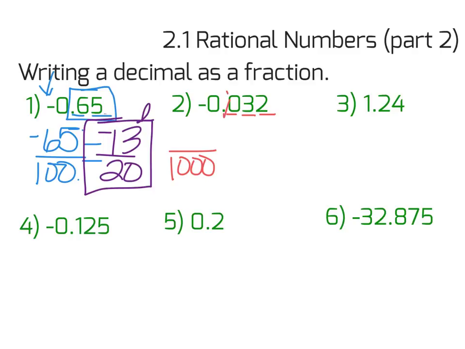The 0 technically doesn't count right now, but it would be a big deal if we took it out of the number and made it just 0.32. It's totally different, okay? But it doesn't count. We don't have to put it here, but you can. I'm not going to put it there because it's going to confuse me. So, negative 32 over 1,000.